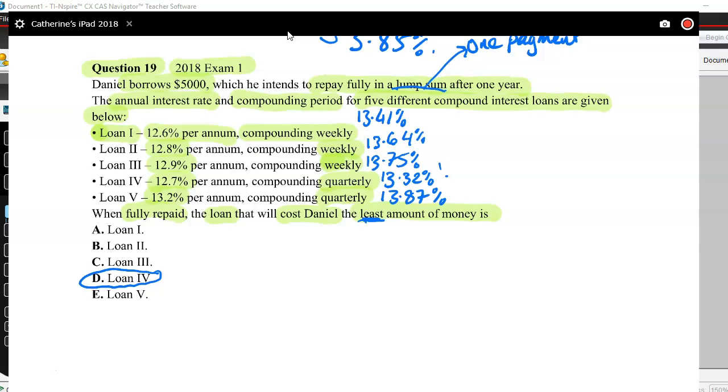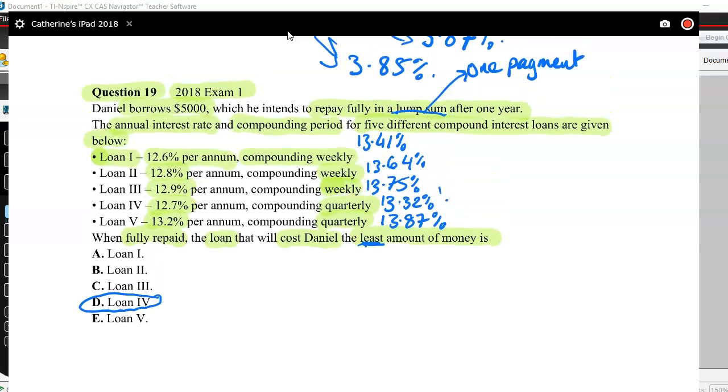Well, that's what I said, but in fancier words. So it's not always the lowest interest rate that will get you the lowest loan. It also depends how often it compounds.